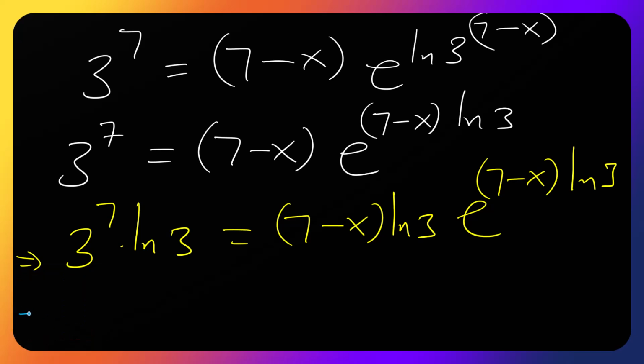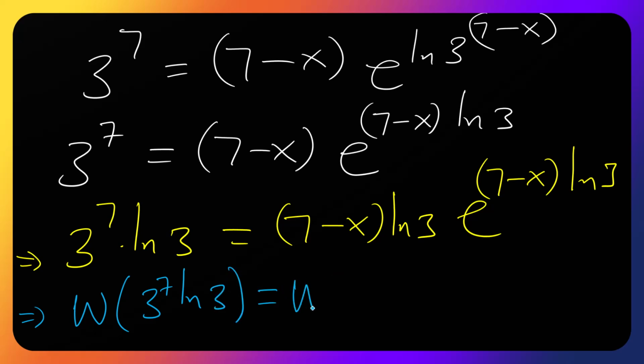So let's take the W function. We have the W function of 3 to the power 7 ln of 3 times this.